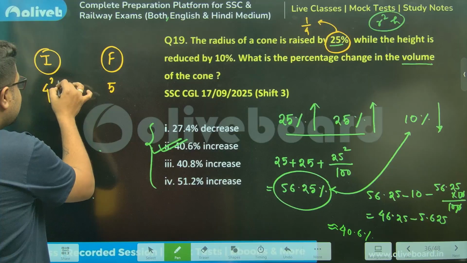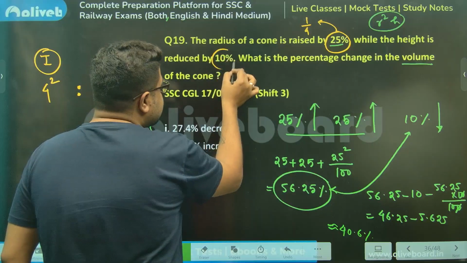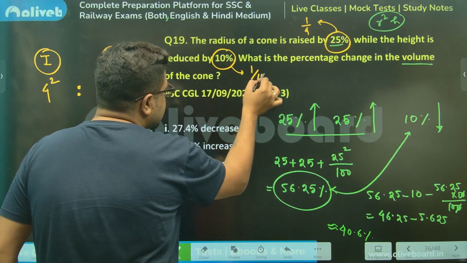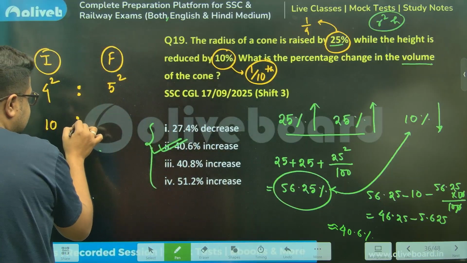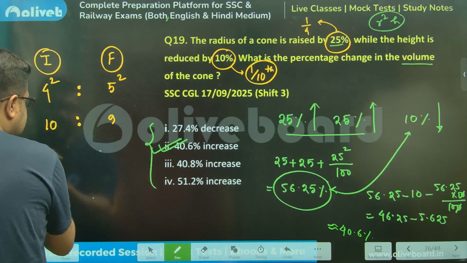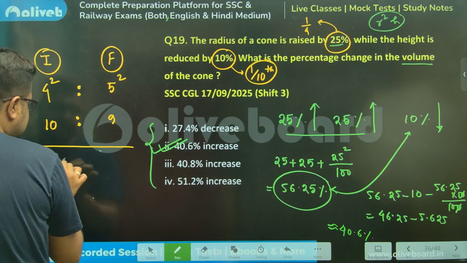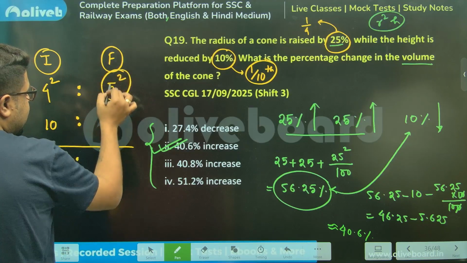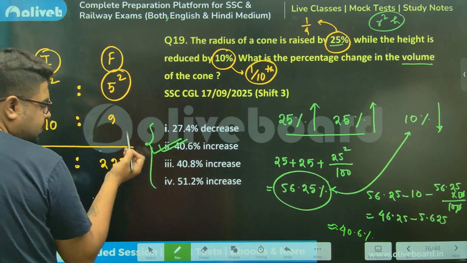So it will be 4 square, and now it is 5 square. And what happened to h? 10%, meaning 1 by 10th. If my initial height was 10, now it is 1 less, so this is 9. Take the compound ratio. So this is 16 into 10, 160 initial volume. This is 25 into 9, that is, 225 final volume.